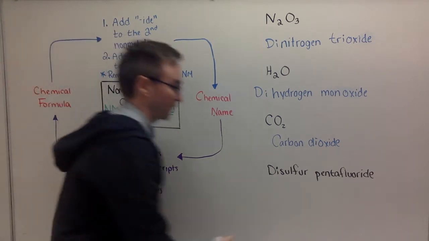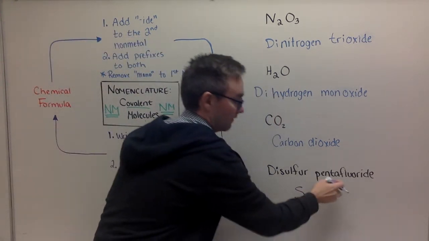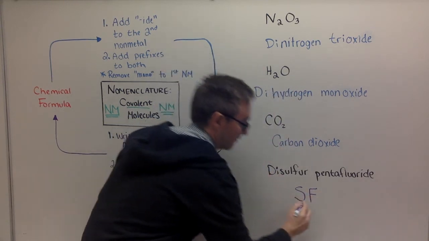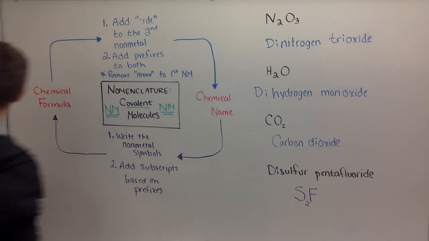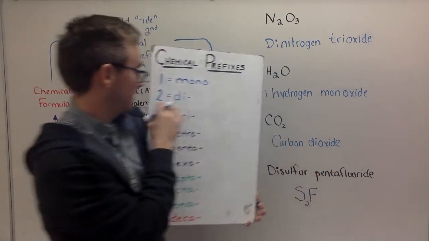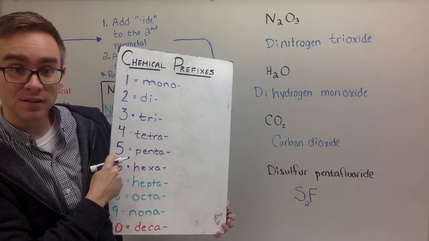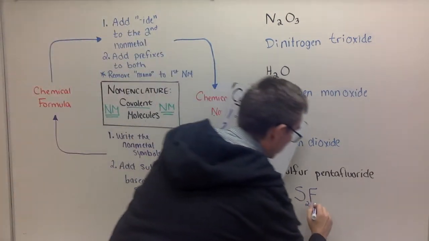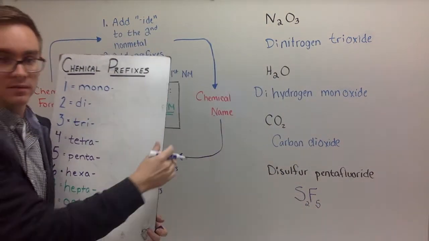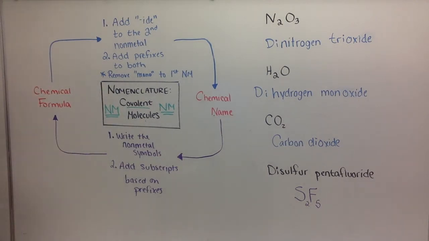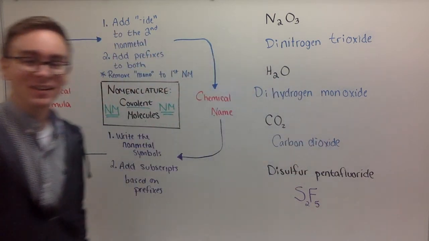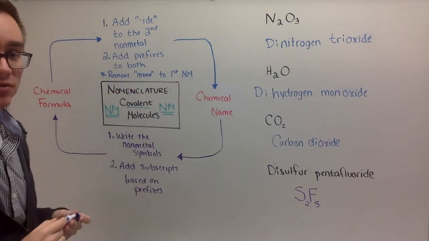So in this case here, we have sulfur, which is S, fluoride, which is F, but we have disulfide, so we look at our chart again. Di means 2, we have the prefix penta, which means 5. So S2, F5. Those ones are pretty straightforward.